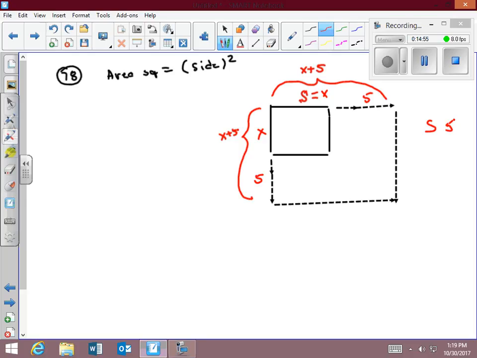And notice that what I'm trying to find is X, the length of the original square.